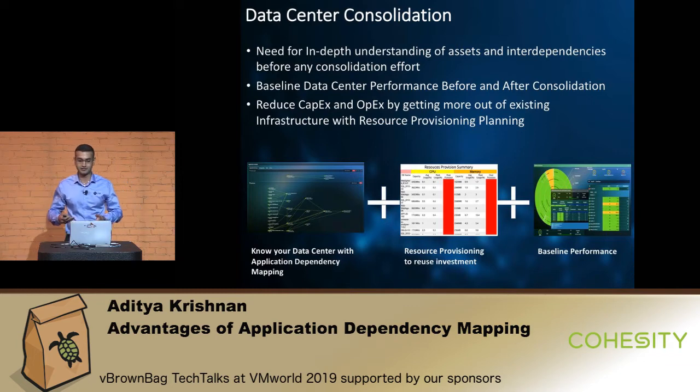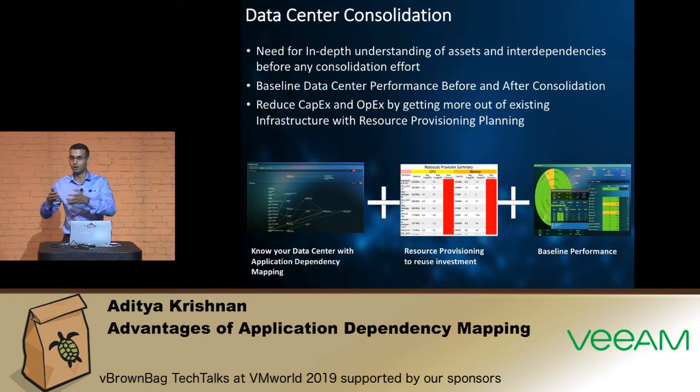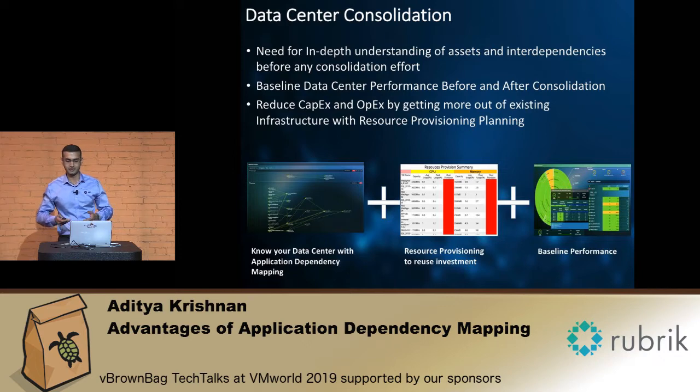While doing this, it is really important to understand and baseline some of the performance from before the application was moved, to once the data center is consolidated, how the performance actually is with regards to the data center consolidation project.